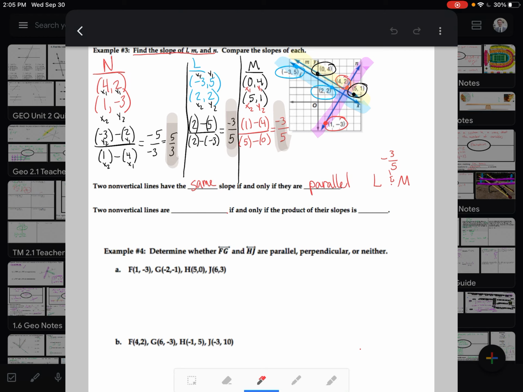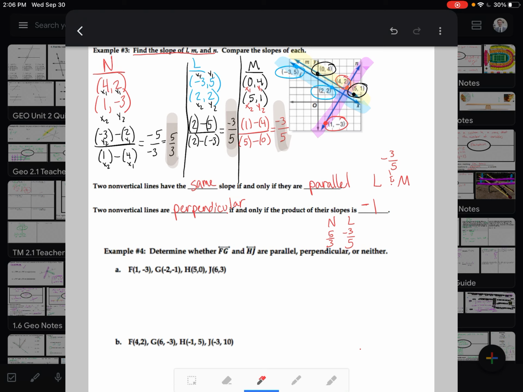All right, so two non-vertical lines are perpendicular. So again, remember that means intersect at a 90-degree angle if the product of their slopes is -1. Well, remember up top we talked about the inverse reciprocal, so it's flipped and the sign is opposite. So if you look at line N and line L, we have a slope of 5 over 3 and -3 over 5.